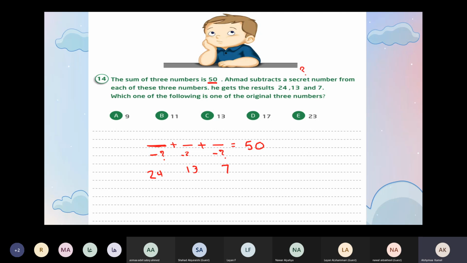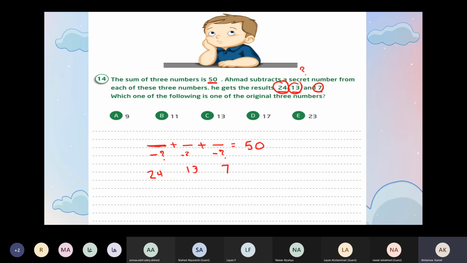Okay, which one of the following is one of the original three numbers? Which one here is one of the three numbers? What will I do to know? The numbers I have are 24, 13, and 7. But these three numbers are after subtracting a secret number. I don't know what number he subtracted, but I know he subtracted the same number from each of the three.